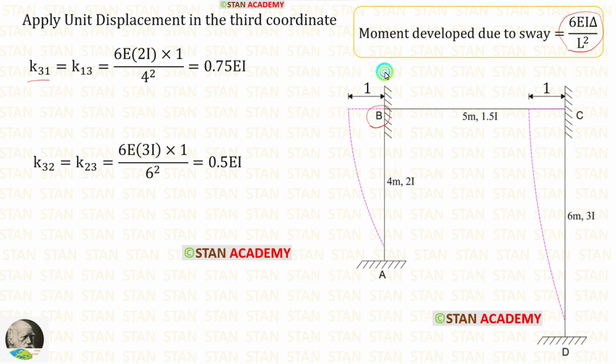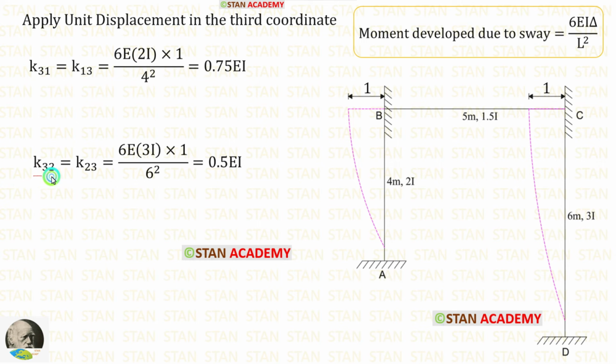Since the sway occurs towards the left side, the moment due to sway will be positive. In this formula, let us apply the values. Delta is 1. Length of column AB is 4 meter. Let us apply that. The moment of inertia for AB is 2I. So instead of I, we have to apply 2I. Finally, for K31, we are getting 0.75EI.